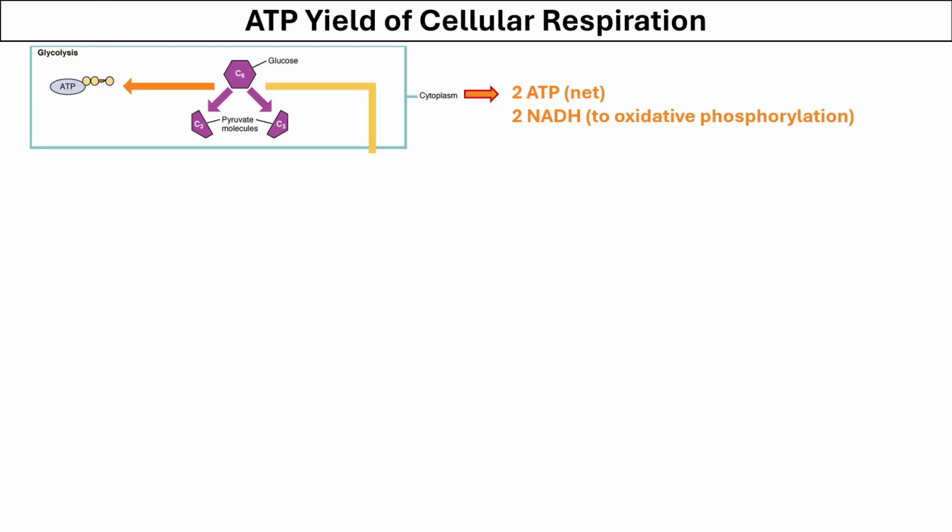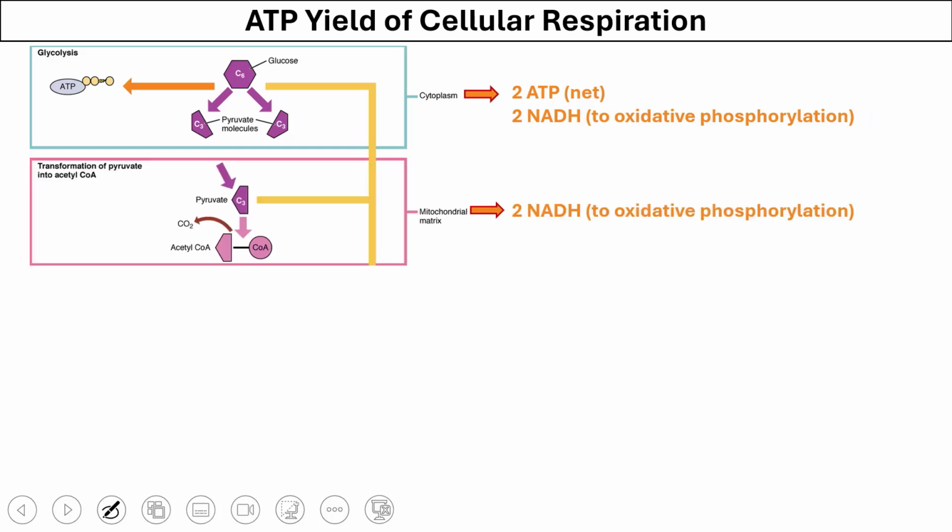Now let's quickly summarize the yield of ATP through all the steps of cellular respiration. From glycolysis, we got directly 2 molecules of ATP and 2 molecules of NADH. Then there was the step called pyruvate oxidation, which formed 2 NADH.